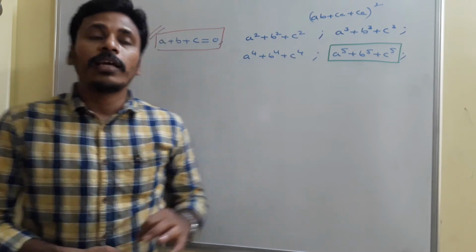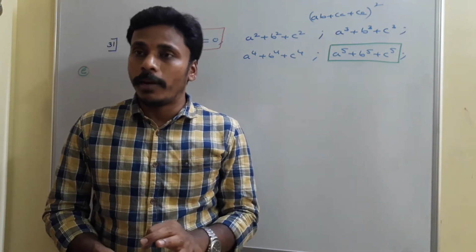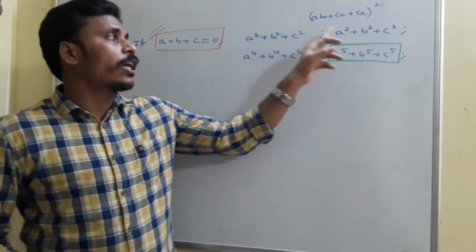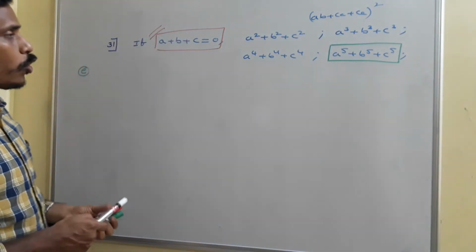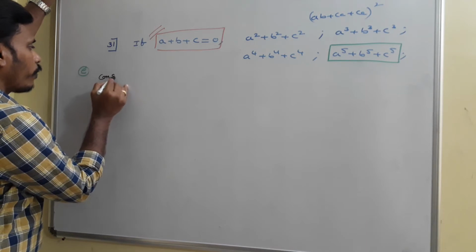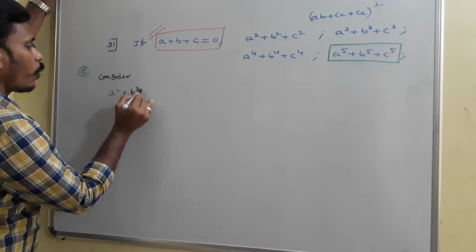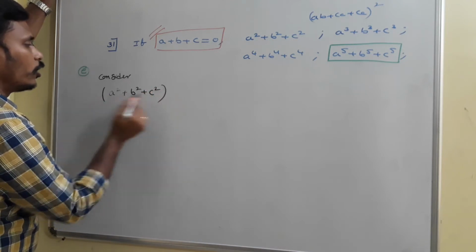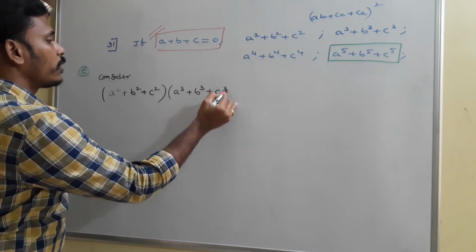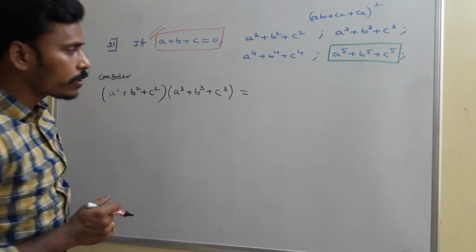In the same way, to find a power 5 plus b power 5 plus c power 5, we need to multiply both a square plus b square plus c square and a cube plus b cube plus c cube. Just look what will happen. Consider a square plus b square plus c square into a cube plus b cube plus c cube is equal to, and what is a square plus b square plus c square?